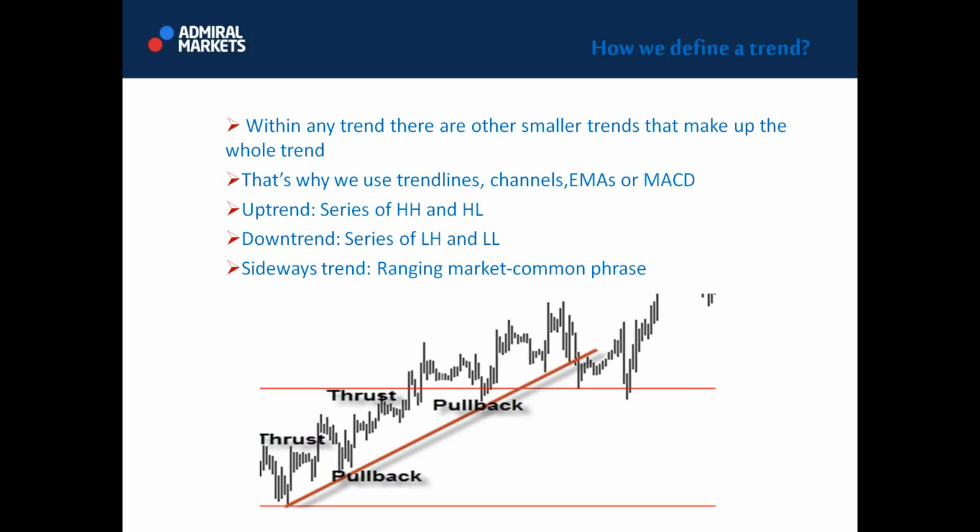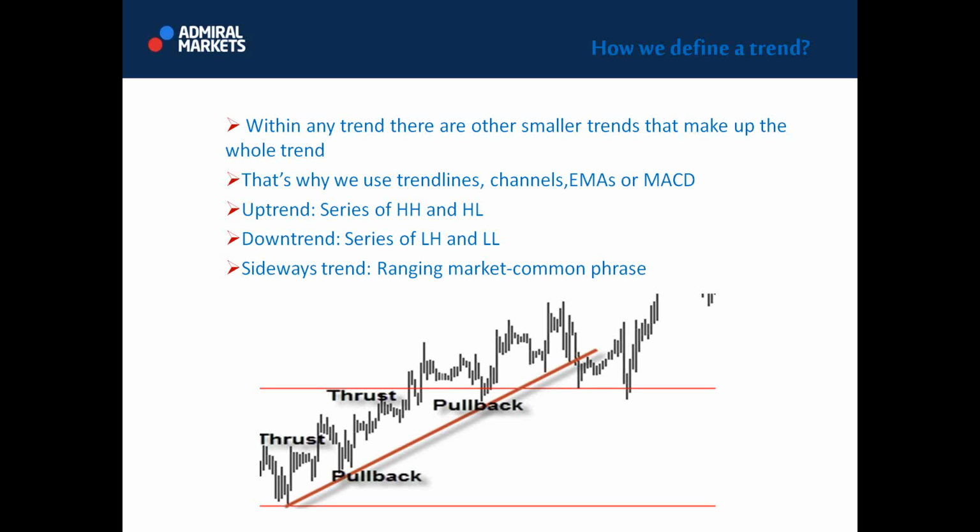To define a trend, we can just take a look at a picture. If we see substantial higher highs and higher lows, then we can say it's an uptrend. If we have substantial lower highs and lower lows, then it's a downtrend. We can spot the trend easily by drawing a trend line, using EMA channels or MACD.